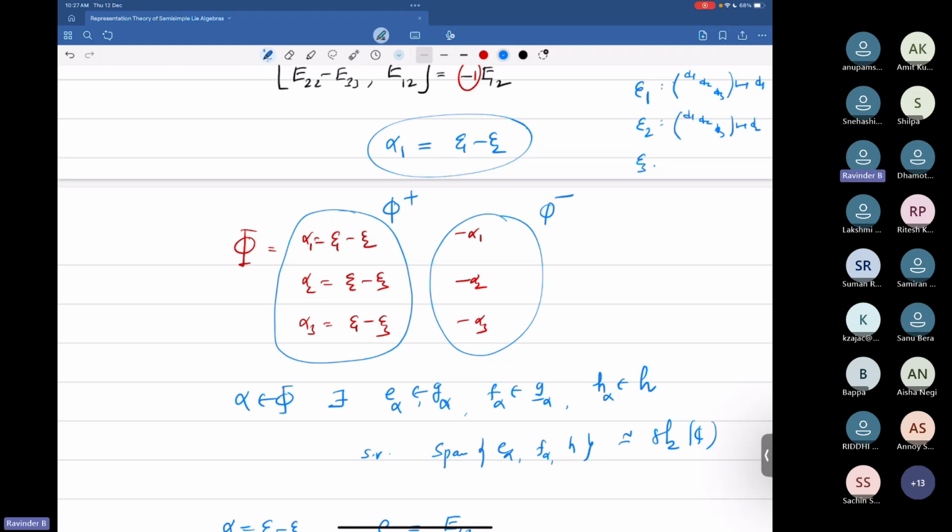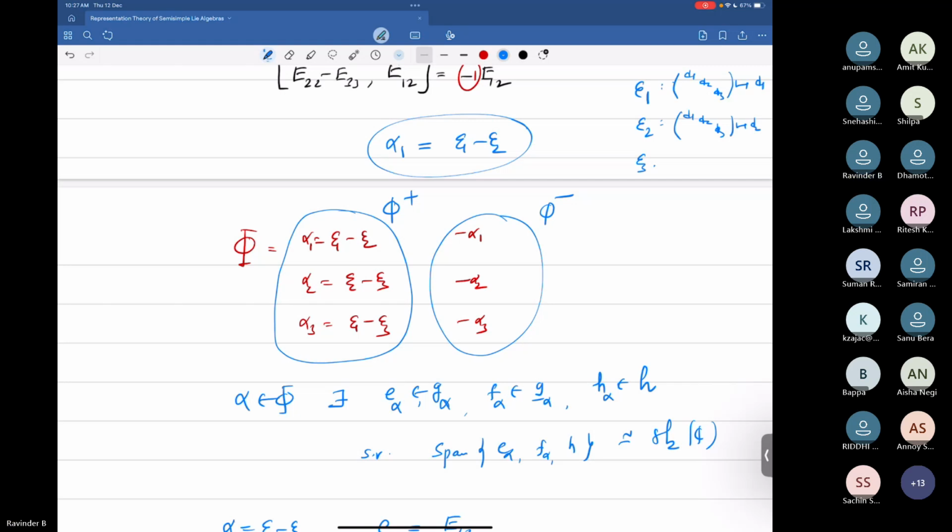If you want something similar to upper triangular and lower triangular in SL3, this is not the unique way. You have already seen this in your root system topic. If you want to see how many ways you can split this root system for SL3 into positives and negatives, it is as many as the number of chambers, as many as the number of elements of the Weyl group, right?